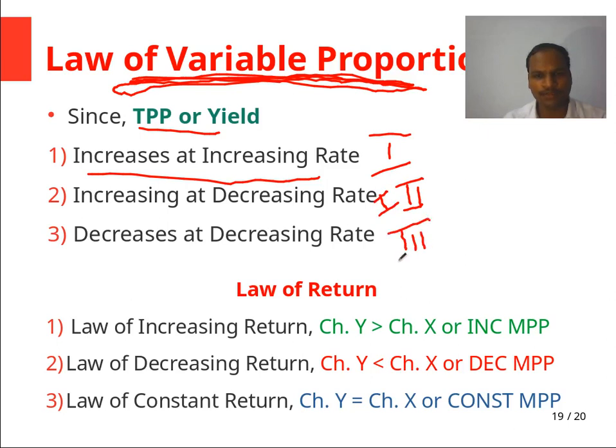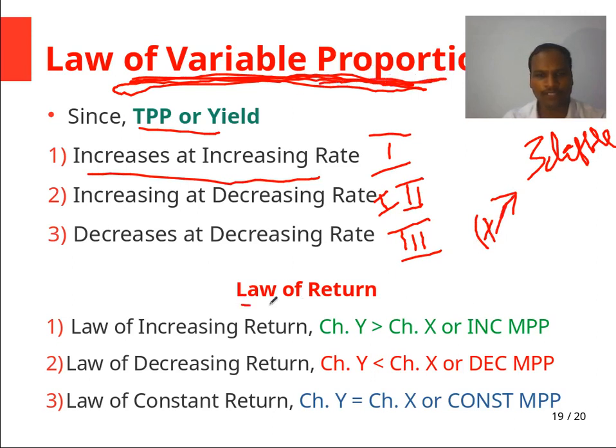So when we input the fertilizer, there are three different variable proportionate changes. In first stage the proportion is higher, in the second stage the proportion is lesser, and in the third stage it is lesser. So that is why it is called law of variable proportions. So it is not a constant one, it is variable proportions.